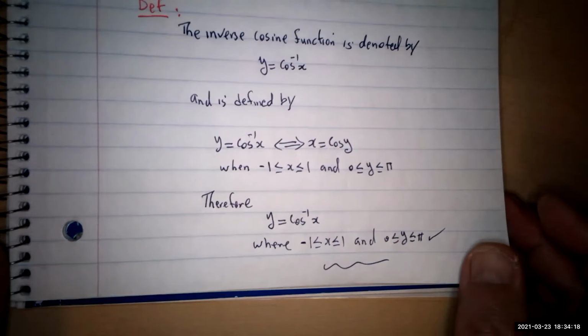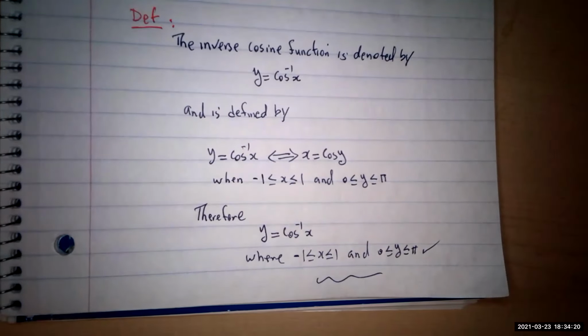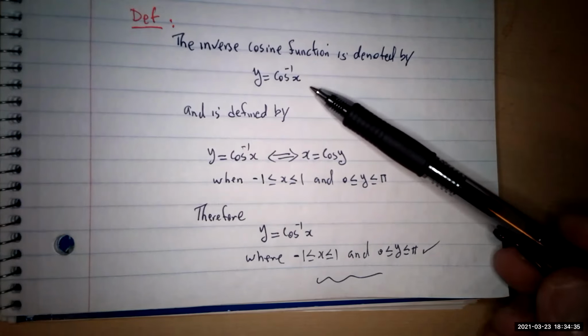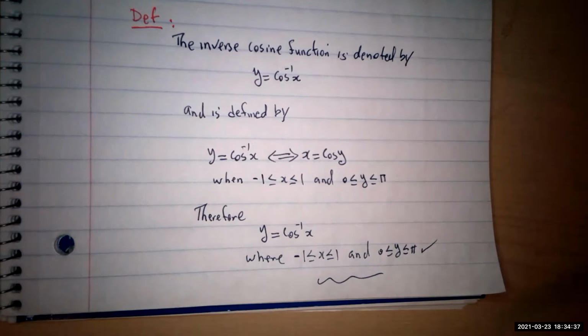I'm going to show you some problems regarding this one, but there is a nice relationship between the sine inverse and the cosine inverse. That's why, from the calculus point of view, the cosine inverse behaves very much like the sine inverse. I mean, we're not ignoring it, but it's not going to be so useful for us in that course.